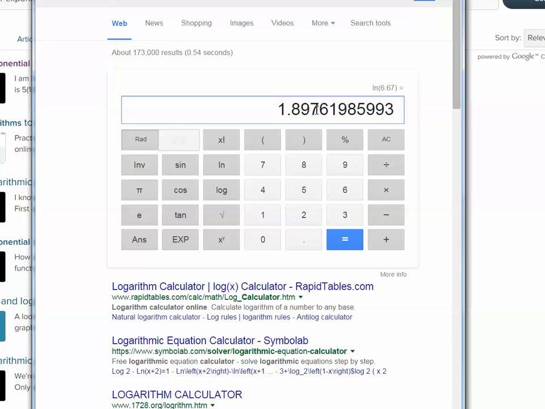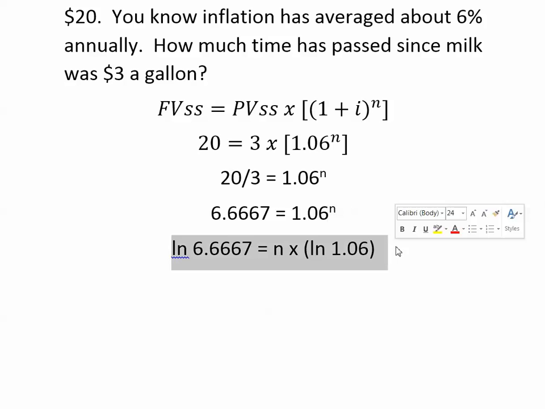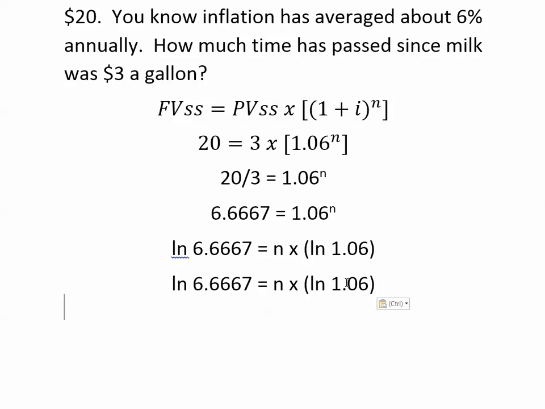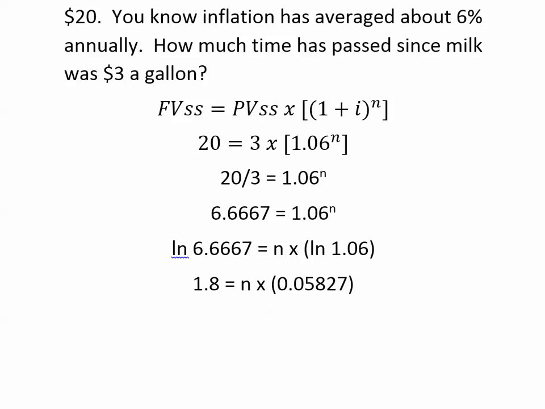So I'm going to take both of those numbers and pop them into my equation over here. The natural log of 1.06 was 0.05827. The natural log of 6.67 was 1.897.